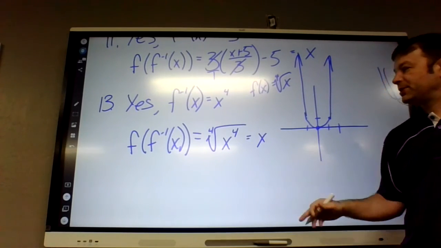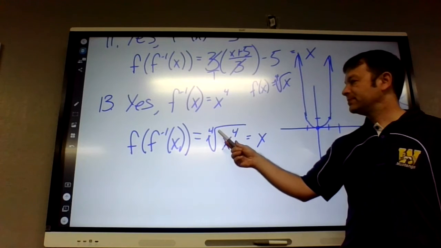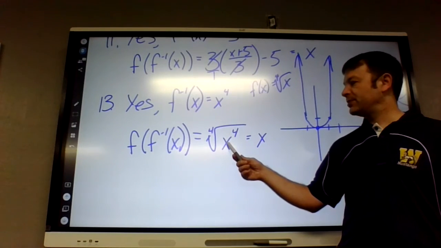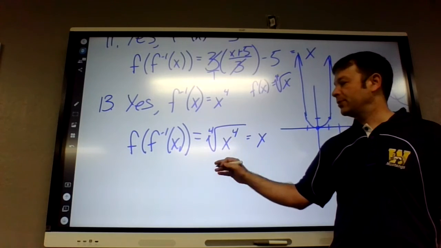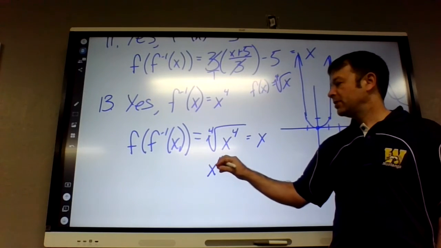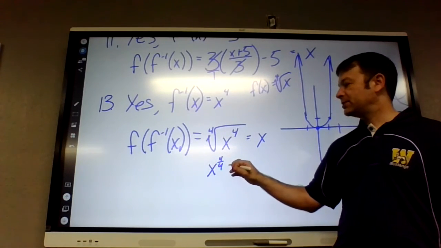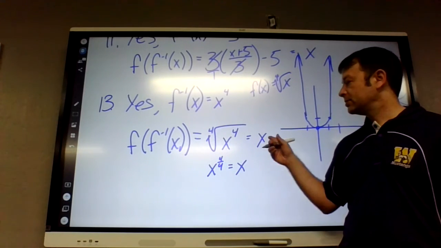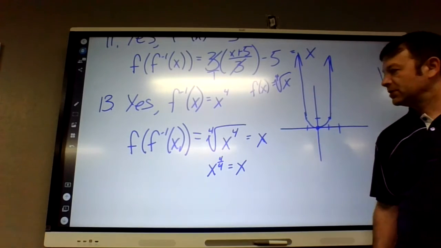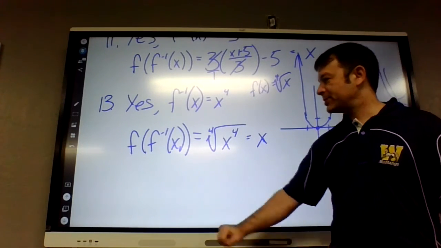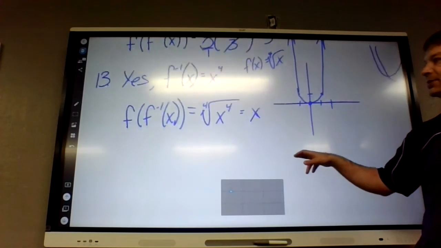These cancel out. You guys remember last year we wrote this in some of the assignments as x to the 4 over 4, like the exponent over the root? And so that's just x to the 1, or just x. Exponents and roots are opposites, so they kind of cancel each other out.